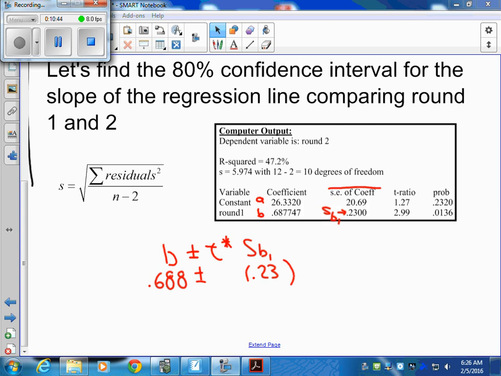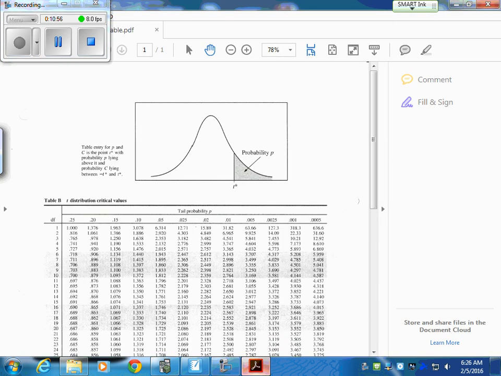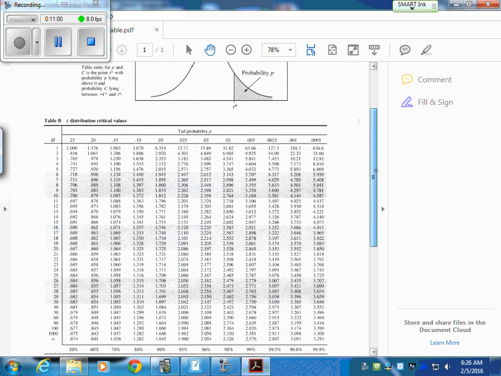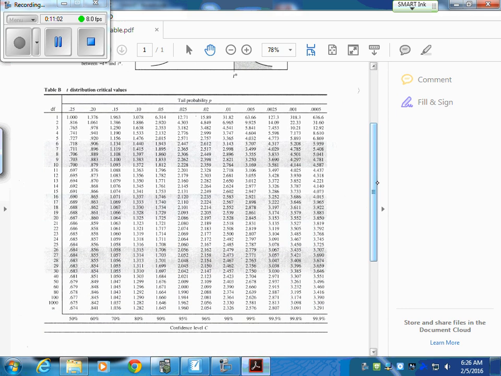What we want to look at, remember, our degrees of freedom is n minus 2. We've got 10 degrees of freedom. I wanted to change things up a little bit, so we're going with an 80% confidence interval here. And this is why the T chart is so helpful. It works for any situation trying to find your critical T value. We've got our confidence levels at the bottom, 80. We need 10 degrees of freedom on the side.